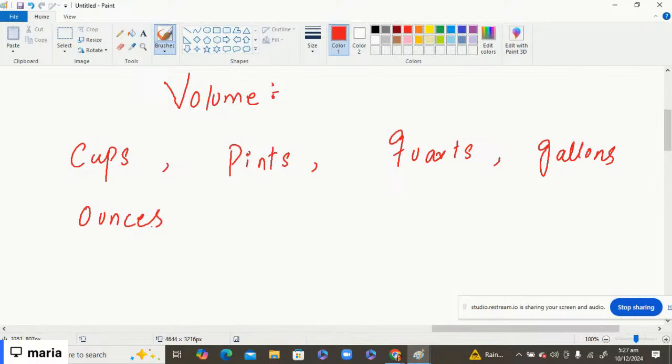Okay, so these are the main units, and other traditional units are also involved, like tablespoons and teaspoons.